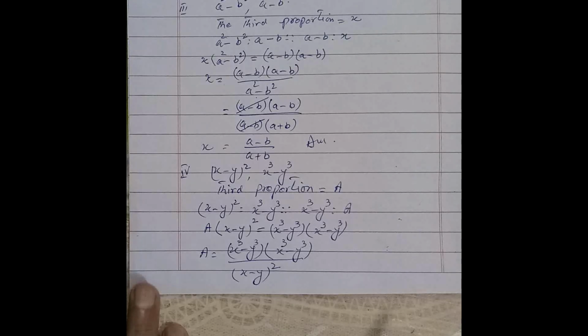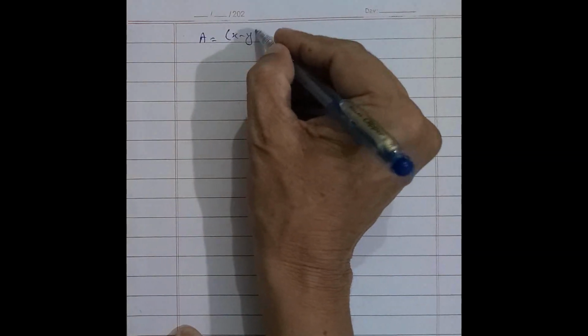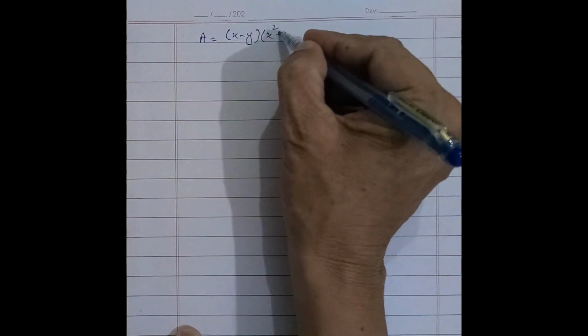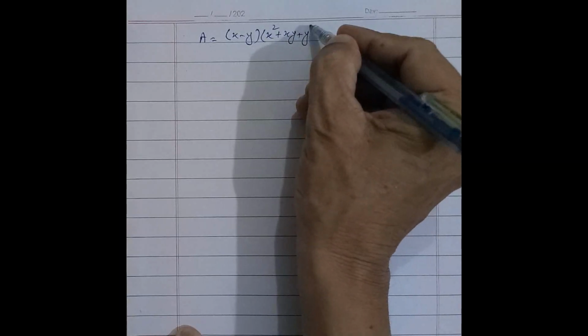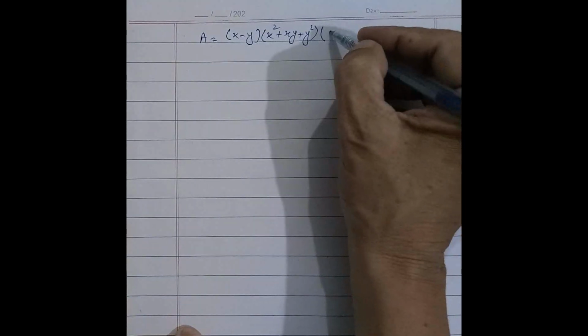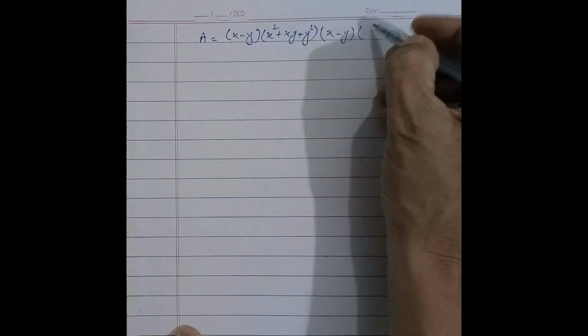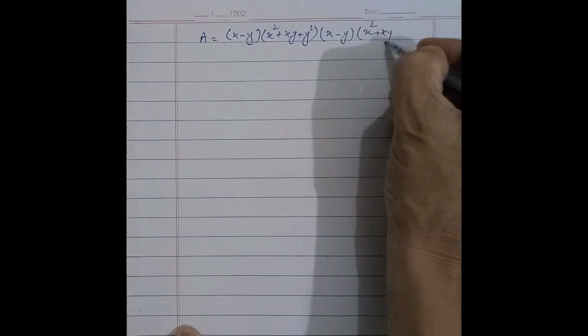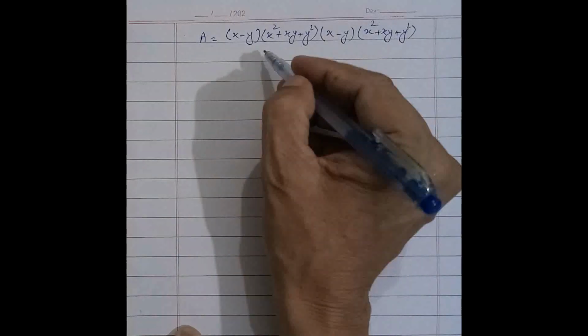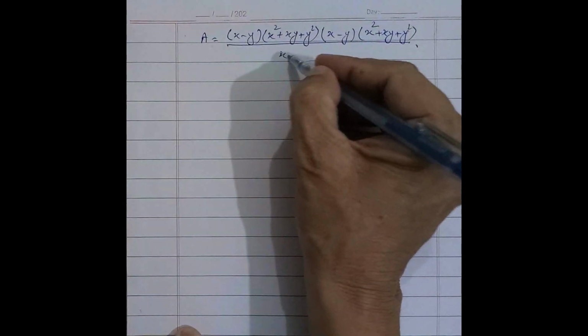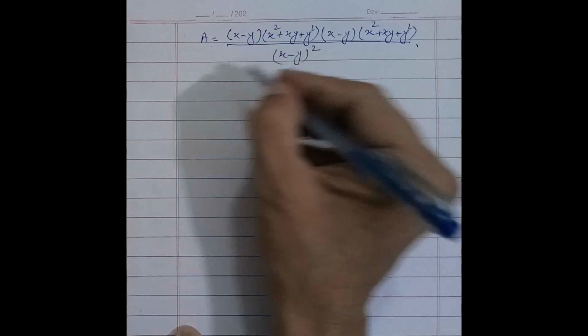The numerator is x^3 minus y^3 into x^3 minus y^3. We apply the formula and get (x minus y) into (x^2 plus xy plus y^2), and the other same values, over (x minus y) whole square.